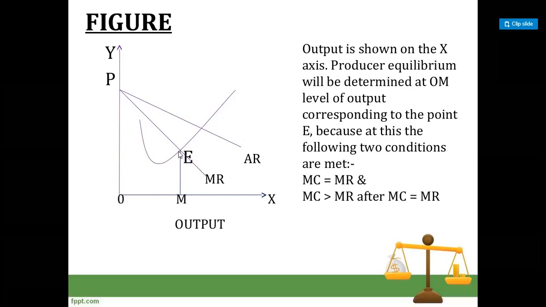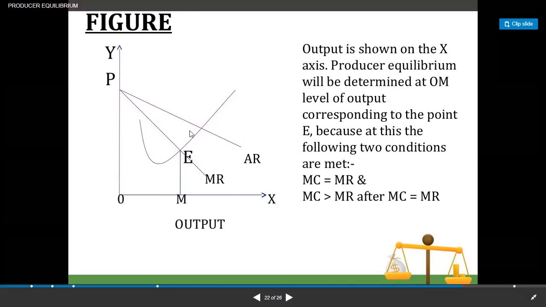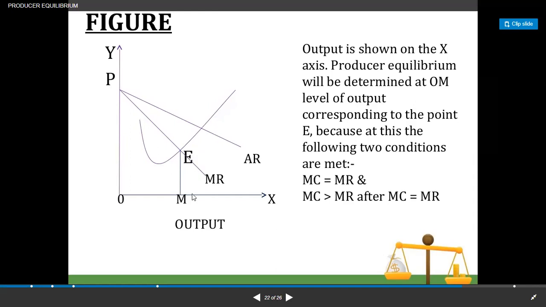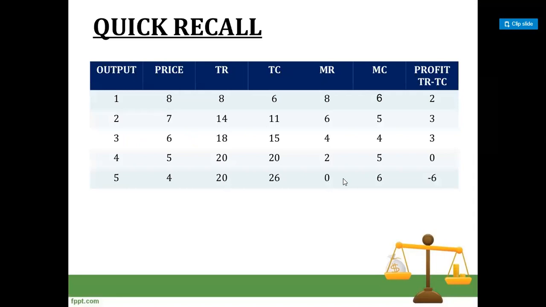At this point MC equals MR, and after that MC is greater than MR. Here you can see this is MC and this is MR; where they meet, we can draw a line down to OM, which is the output on the x-axis. So the producer equilibrium is determined at the OM level of output corresponding to point E, because the two conditions are met. Again the same here; this is one more example.